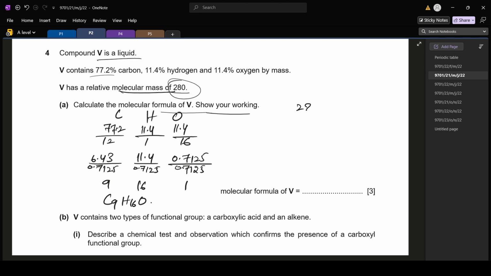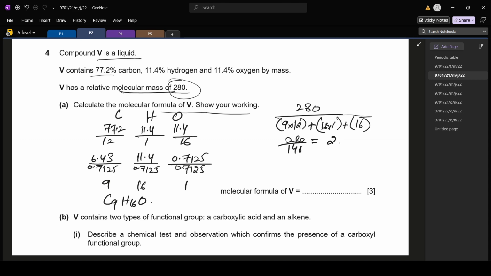So molecular mass is 280, and if you calculate the empirical mass, there are 9 carbons, so 9 multiplied by 12 plus hydrogens are 16 plus there is 1 oxygen. So this gives a total mass of 140.